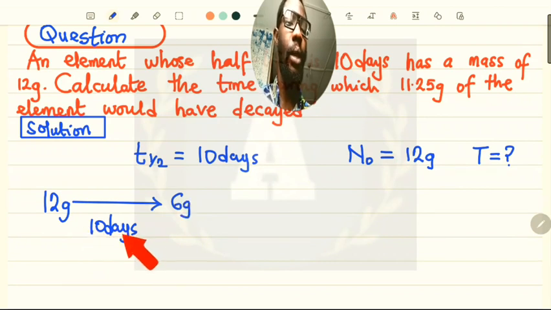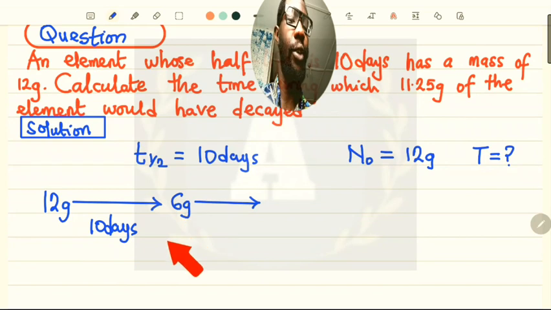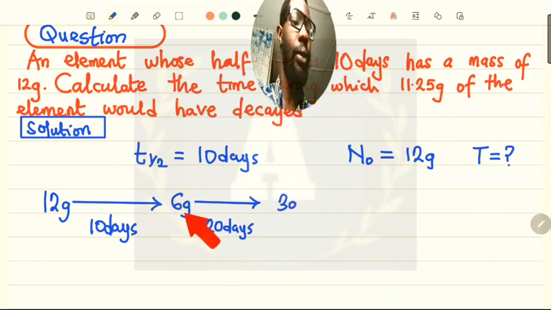Now we add another 10 days, so after 20 days this 6 gram will reduce to half. Then after 30 days, we add 10 to this, so this 6 gram will reduce to half, which is 3 gram.